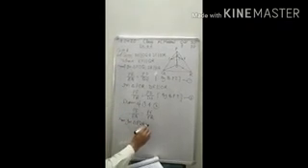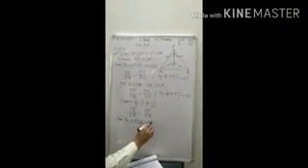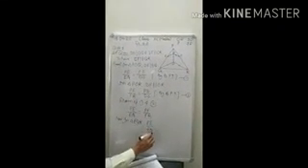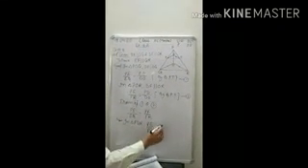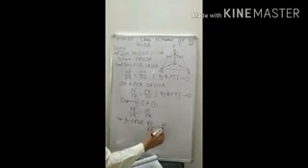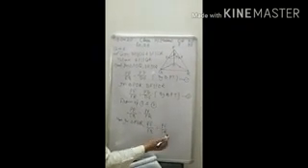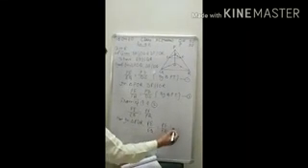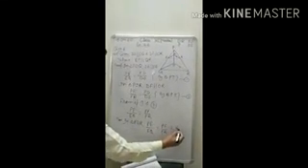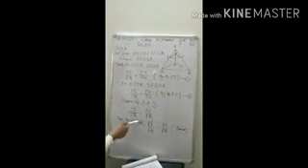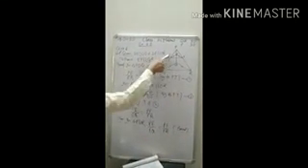You have proved that PE upon EQ is equal to PF upon FR. You can see this in the triangle: PE upon EQ is equal to PF upon FR. This thing you have proved.